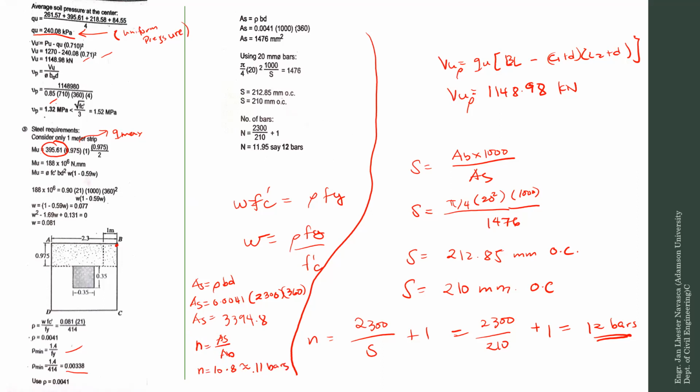And this time, hindi kasi nasasama yung first bar, hindi nakakount yung first bar. So you need to add plus 1. So therefore, your total N is equals to 12 bars. Okay. Hindi nakakount yung unang reinforcement. Okay, yung unang reinforcement is ito.